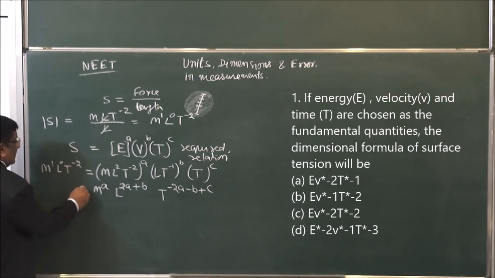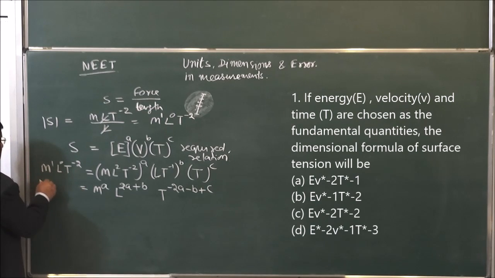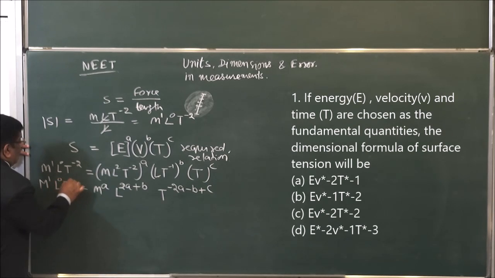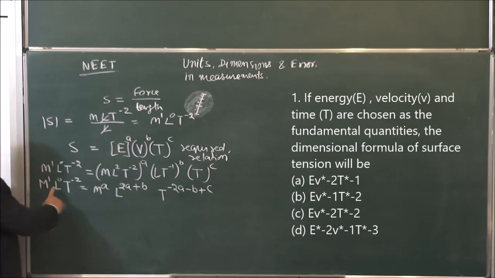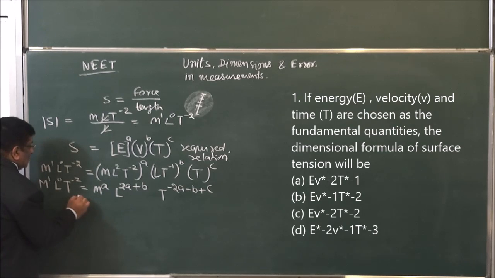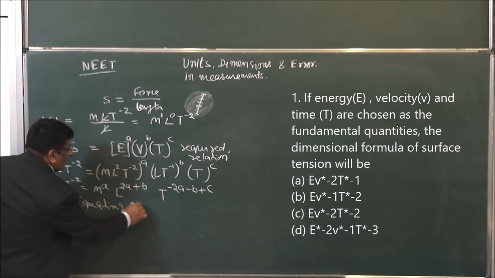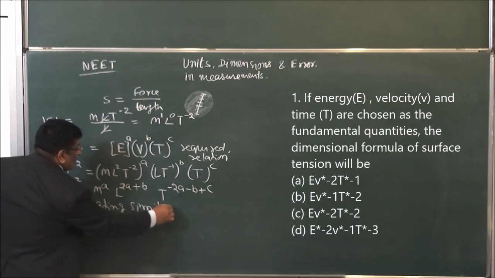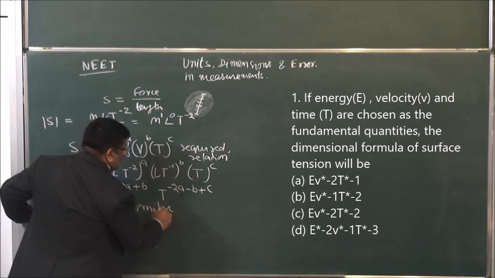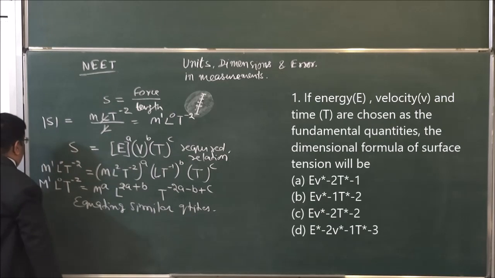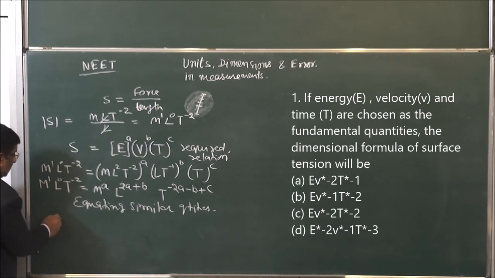This is surface tension which has dimensions M1, L0, T minus 2. Now equating both sides, that means equating similar quantities. Power of M is 1 on one side and A on the other, so A is equal to 1.